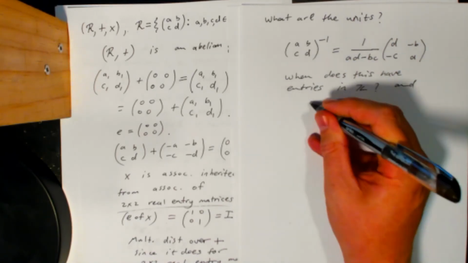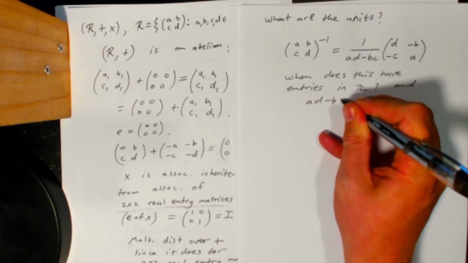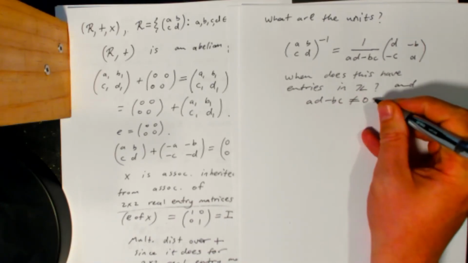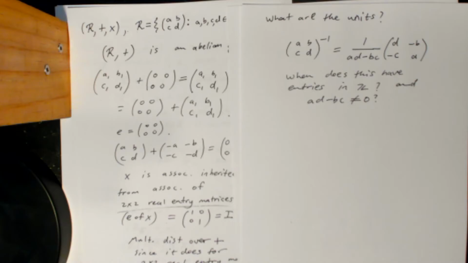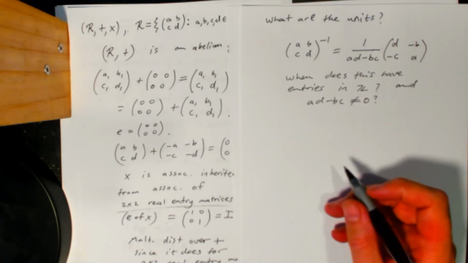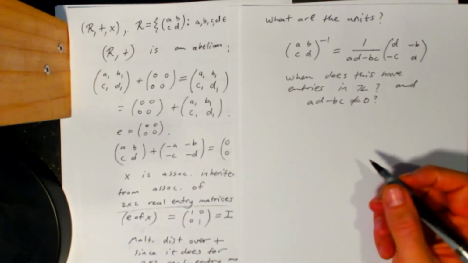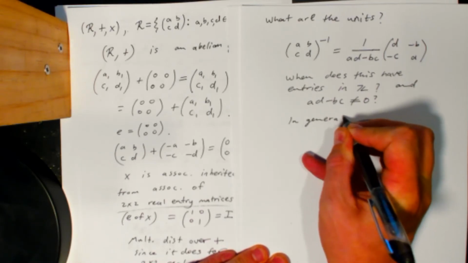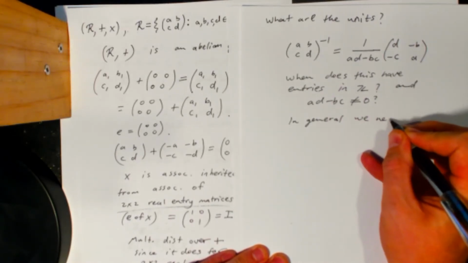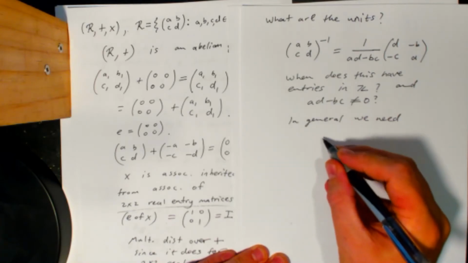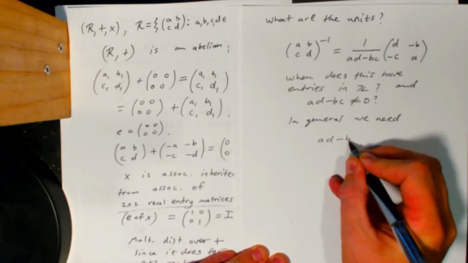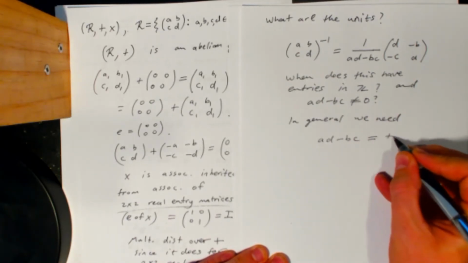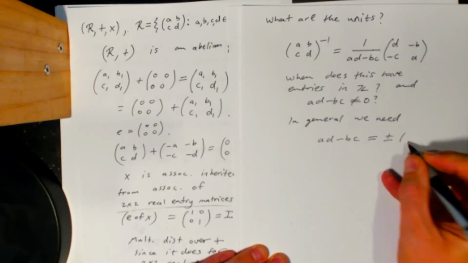And AD minus BC not equal to 0. Okay, so in general, what you need then is AD minus BC to be equal to plus or minus 1.